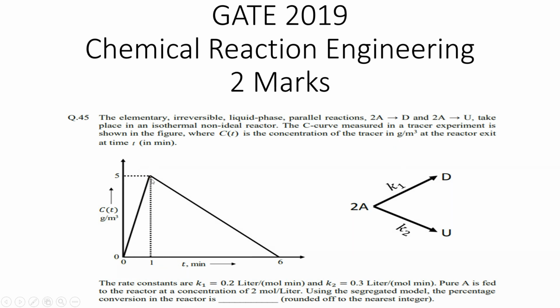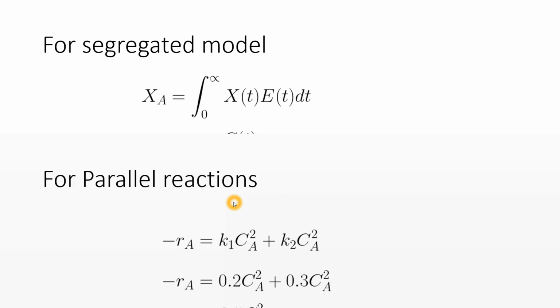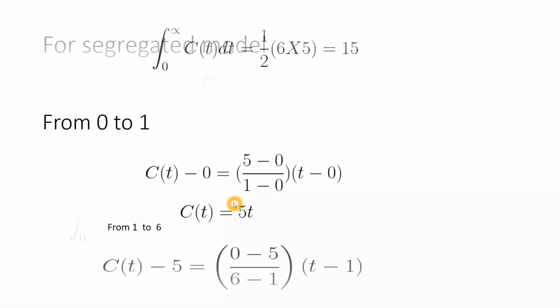Area of the triangle is 1/2 times base times height. The base is 6 minus 0, that is 6, and the height is 5. So the integral from 0 to infinity of Ct dt will be 1/2 × 6 × 5 = 15.